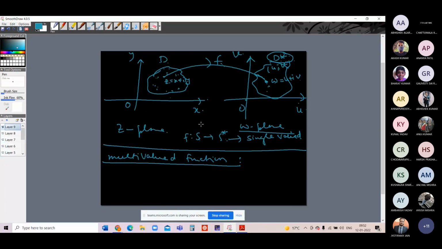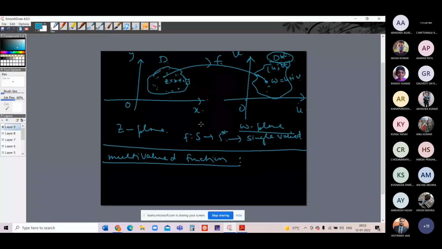If for every z in this S there exists a unique image in the w plane, then f(z) is called single valued. But if for every z in this D we get more than one value of f(z) in S star, then it is called a multivalued function.